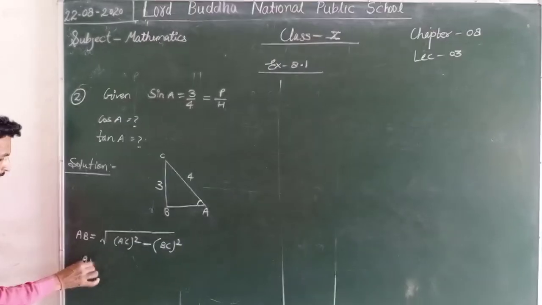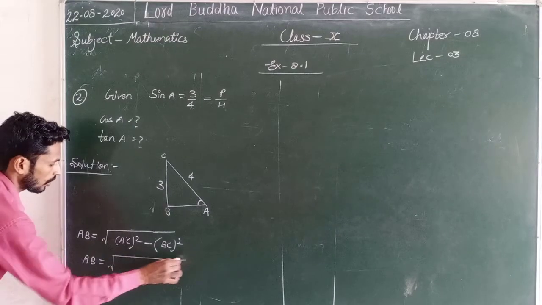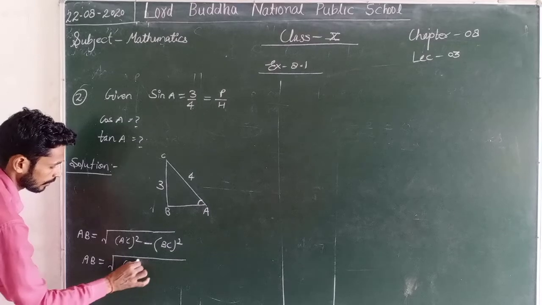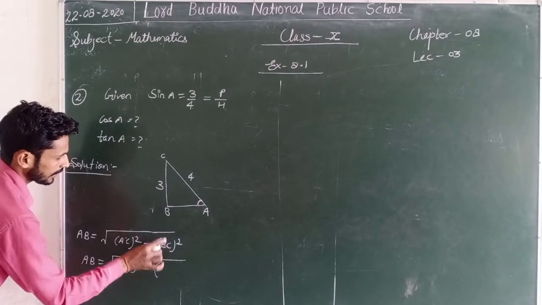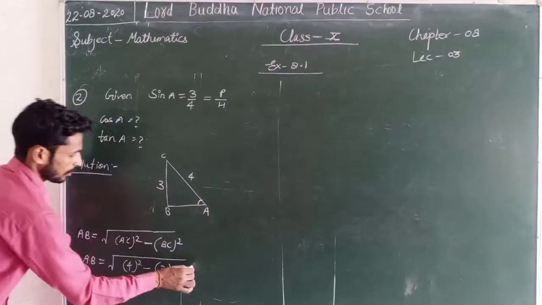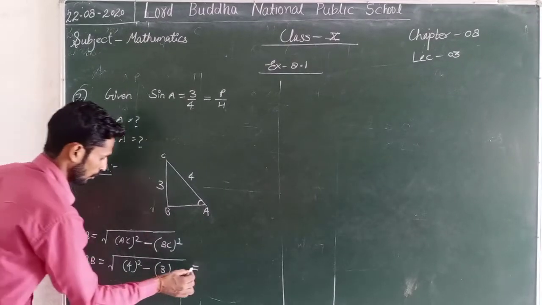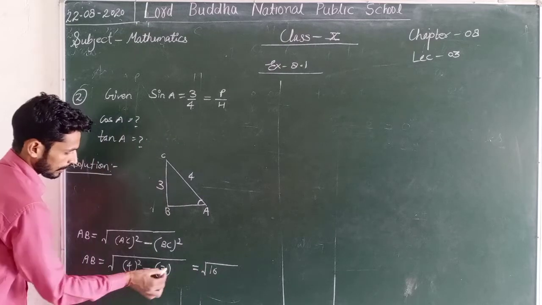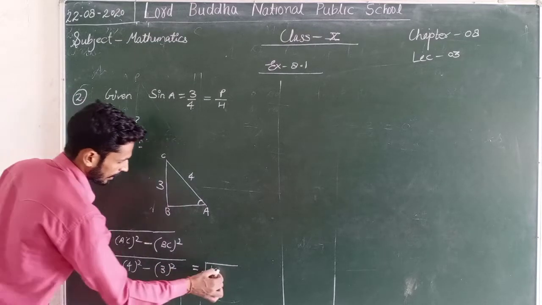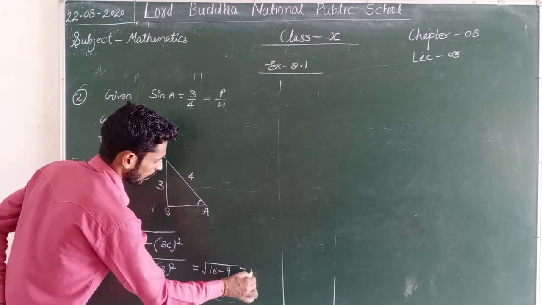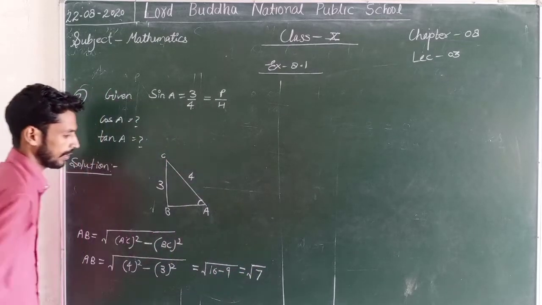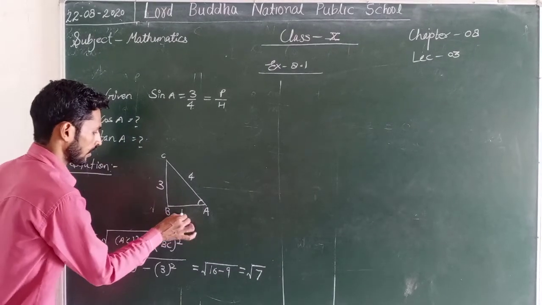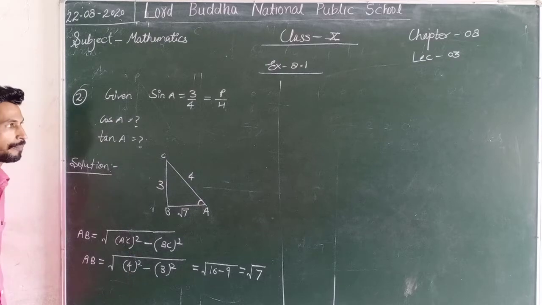So AB equals square root of, in place of AC we can put 4 squared, minus in place of BC we can put 3 squared. So AB equals square root of 16 minus 9, that is equal to square root of 7. So the value of AB equals square root of 7.